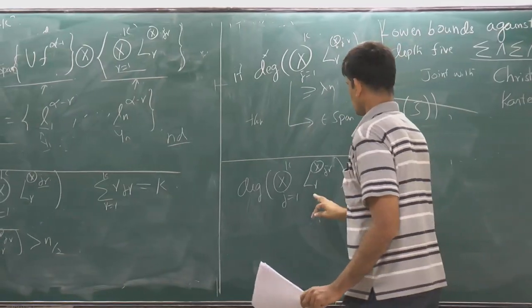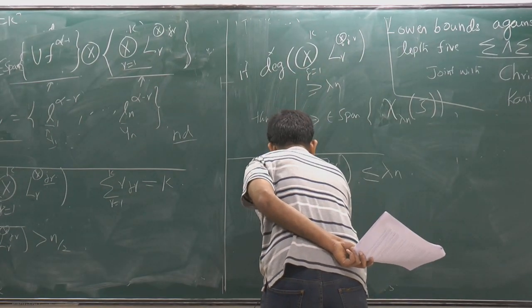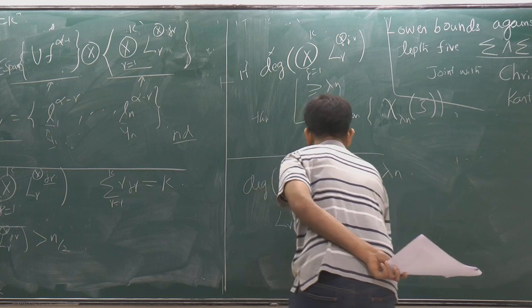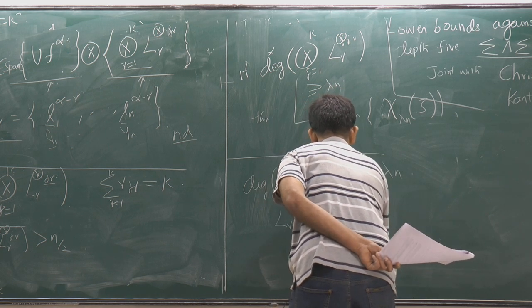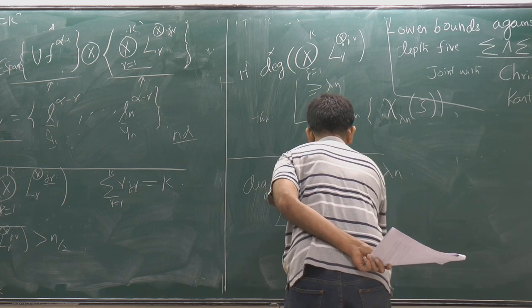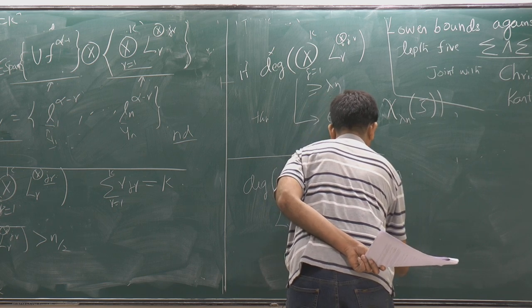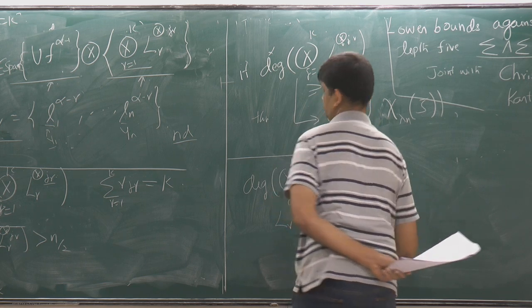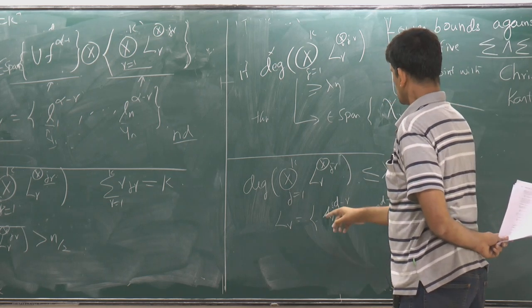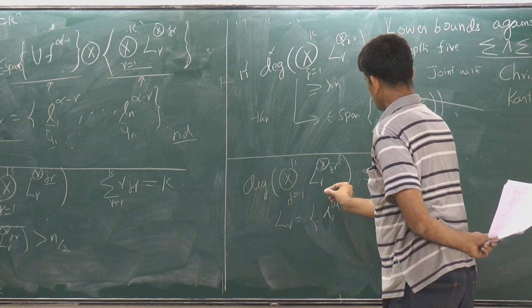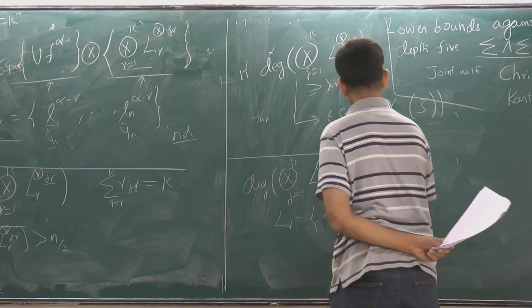The crucial point is that L_r itself consists of linear forms of degree d minus r. The overall degree is lambda n.